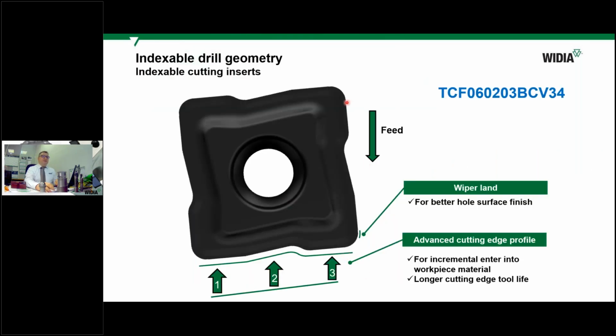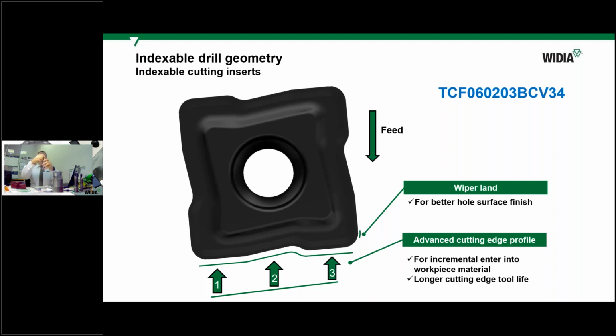If we look at the inserts, what also helps us to prolong the tool life is the more advanced geometry of the insert. You can see here it's not straight; it's more complicated. This allows us, when coming to the material, to do this gradually, not immediately in contact for the full diameter.